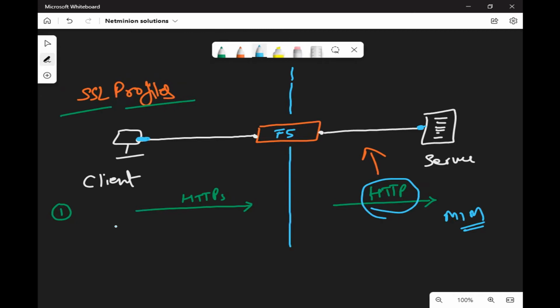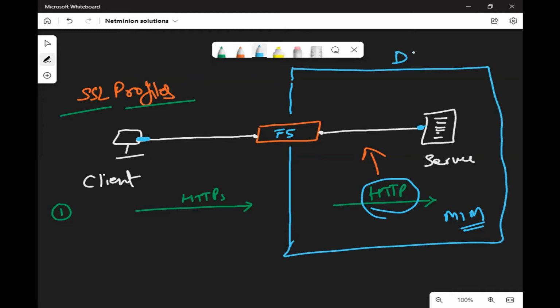Because the client to F5 is HTTPS encrypted, and between F5 and the server you don't need that, right? Because it's clear text, you only need HTTPS between the client and the F5. Sorry, why is it not required again? I didn't get you. Because between F5 and server it's clear text, because the encryption is already done by F5, right? So there's no need to do encryption between F5 and the server. So let me tell it another way. This part is within my data center.